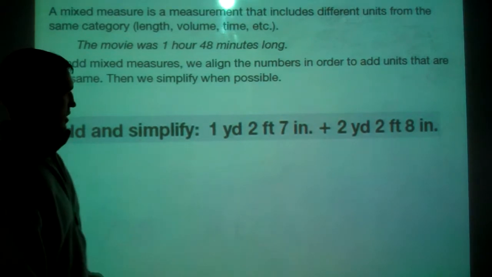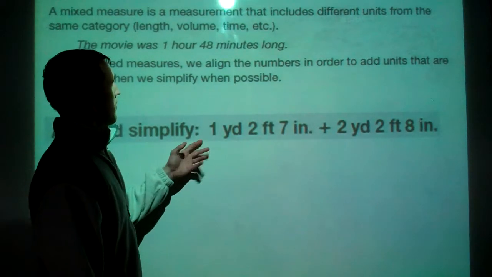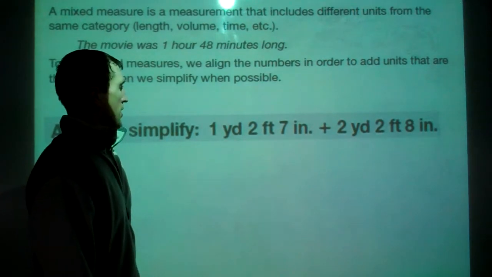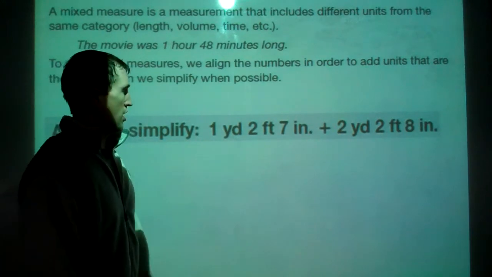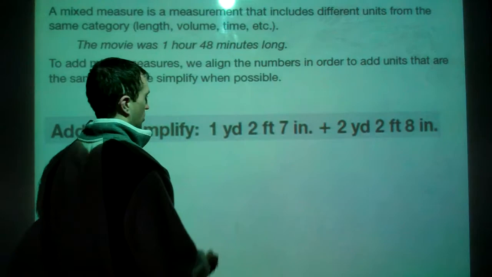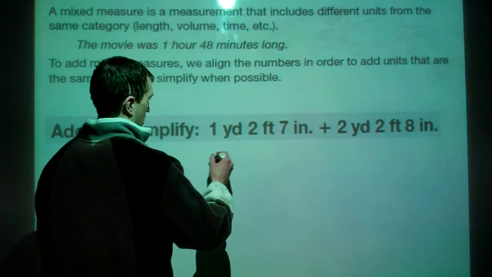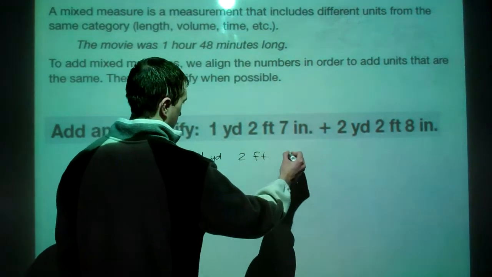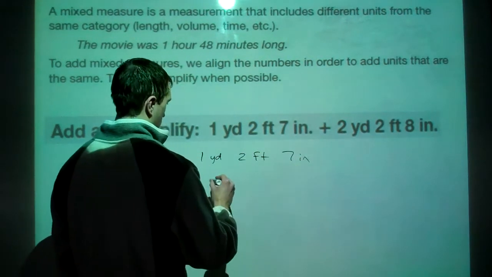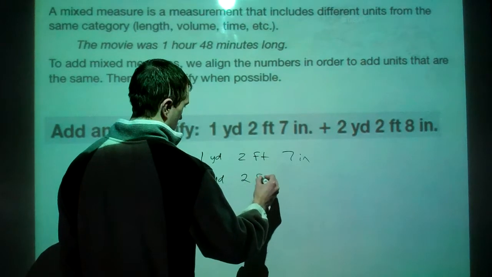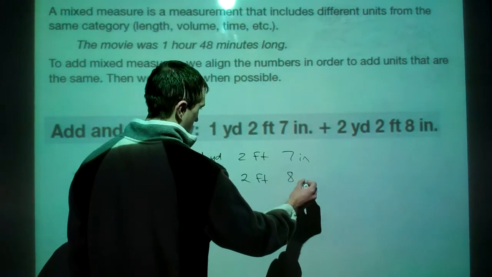Okay, so here we have a common category. Sorry, I couldn't think of the word. Common category is length here because we have yards, feet, inches, different lengths that we can use. So we're going to add 1 yard, 2 feet, 7 inches, to 2 yards, 2 feet, 8 inches.